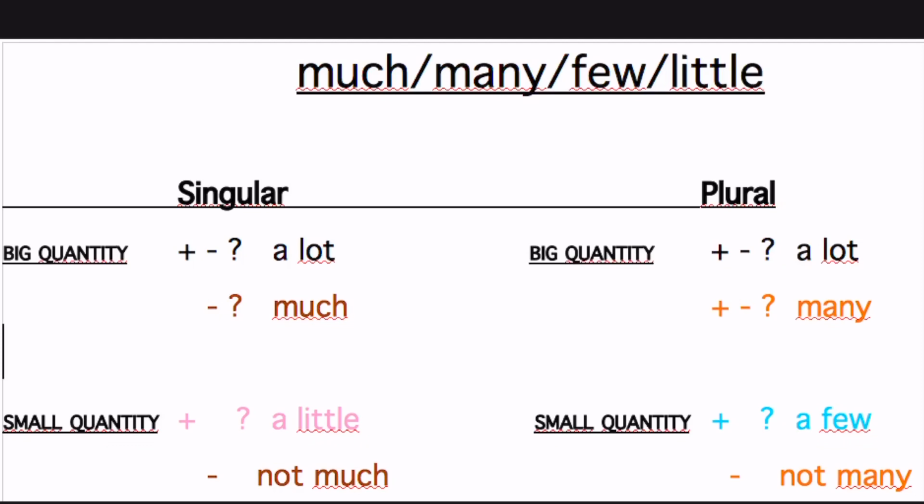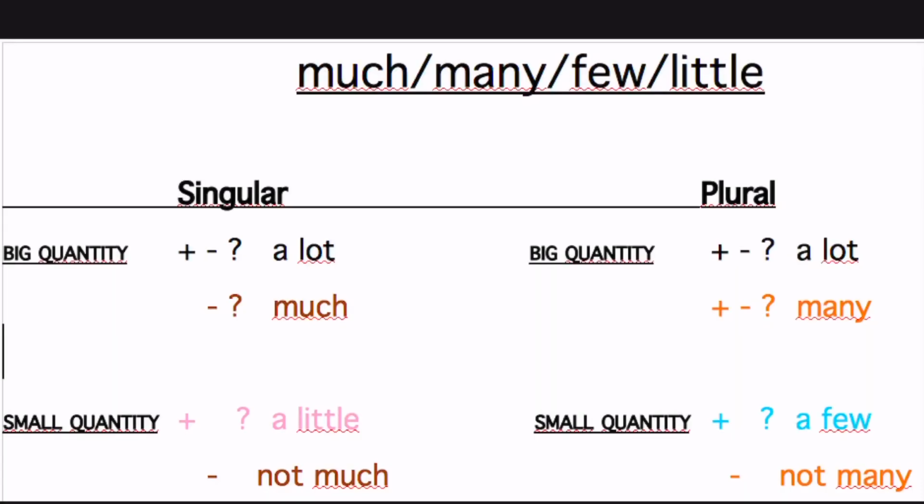Money is uncountable. So much only for the negative and the question. We can't really say, I've got much food in the fridge. You have to say, I've got a lot of food in the fridge. So the only way to speak about a big quantity in the affirmative is to say a lot.